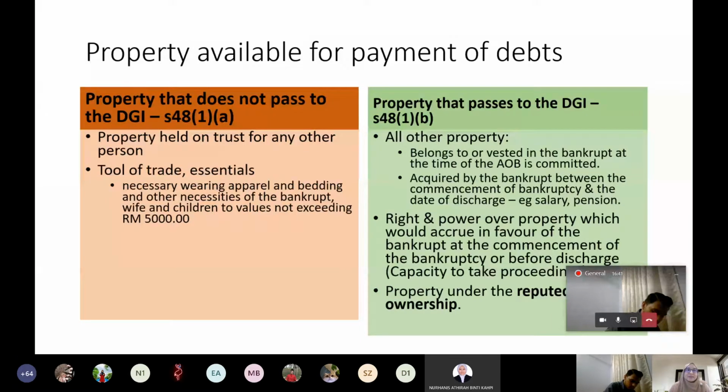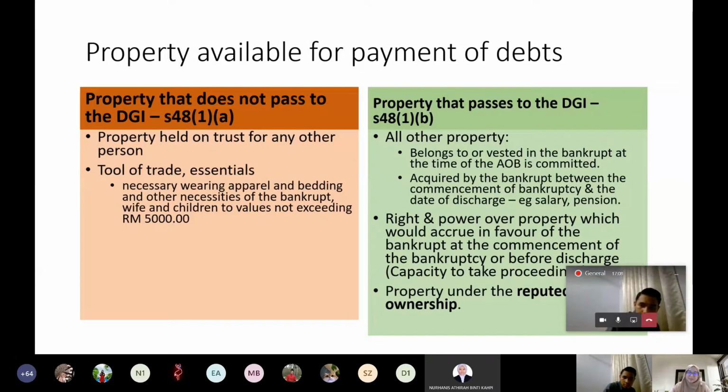Okay, for example, on the part of the bankrupt person, there may also be people who owe him money. Maybe someone borrowed money from him, maybe 10,000 ringgit, for example. And then that other person is a debtor, and the bankrupt is now a creditor.